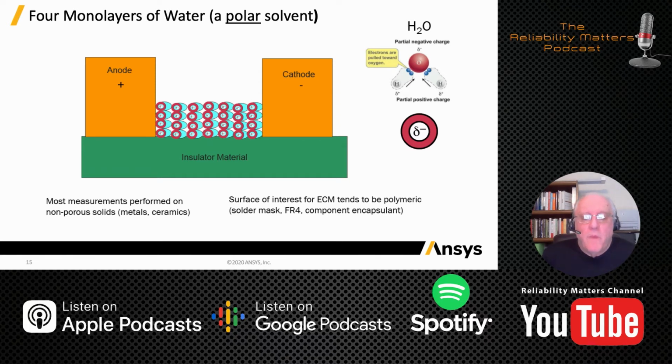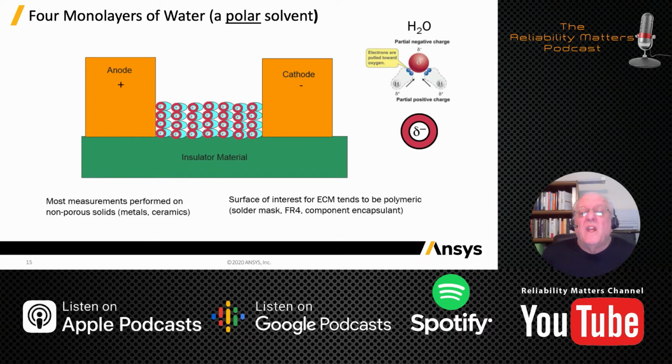But what you may not be aware of is that even under low humidity environments, there are monolayers of water on the surface of your board material. And these little rascals, as I've shown here in the picture, they kind of line up like little magnets under the effects of that electrical field.